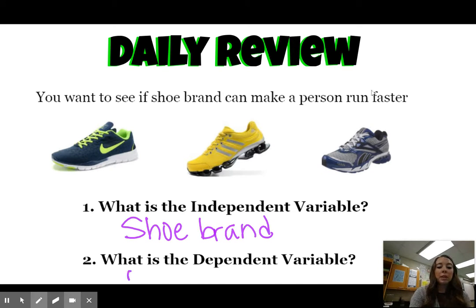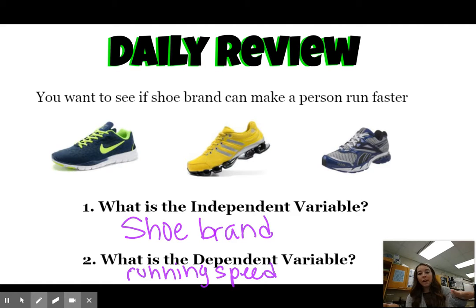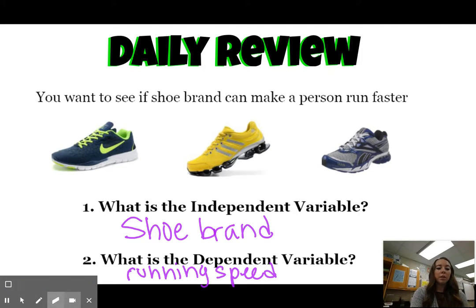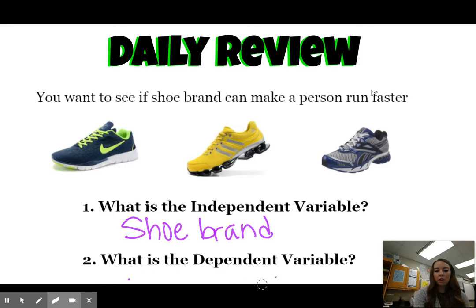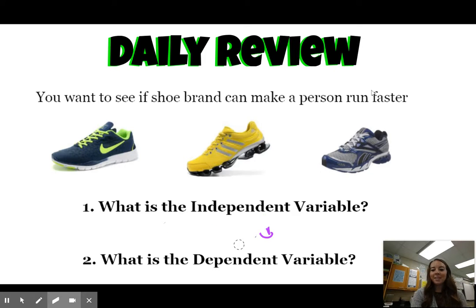It's going to be the running speed, or how fast the person ran. Right? We're changing the shoe brand. We want to see how fast they are going to run. All right, so erase this here. Bear with me for a second.